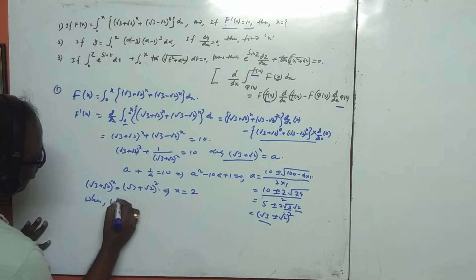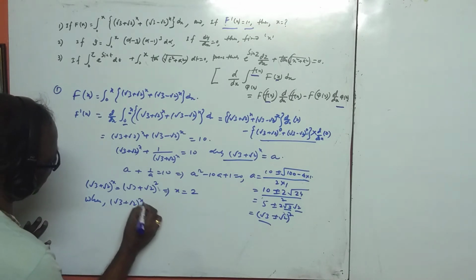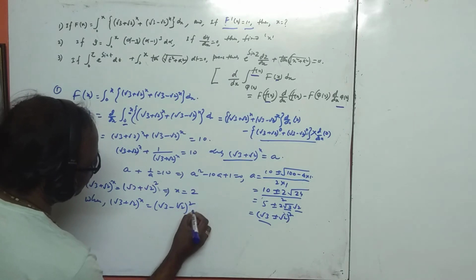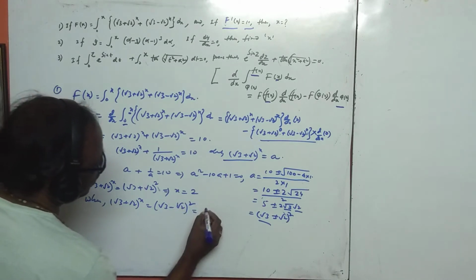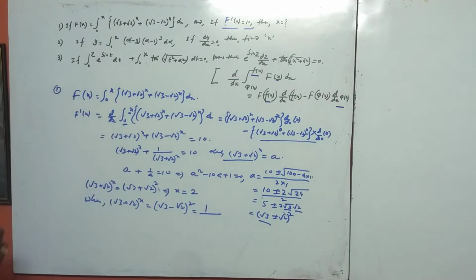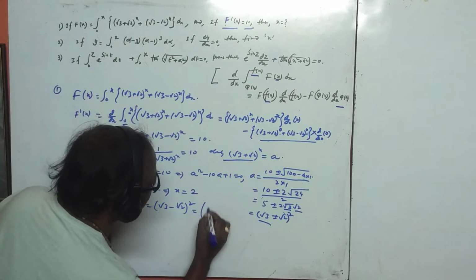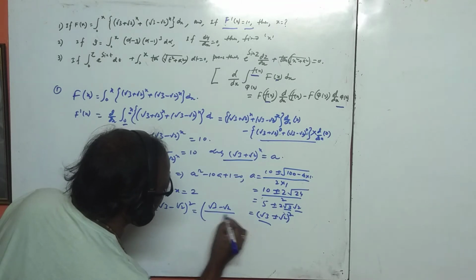When (root 3 plus root 2) whole to the power x is equal to root 3 minus root 2 here, that can be rationalized like that: root 3 minus root 2 by root 3 plus root 2.